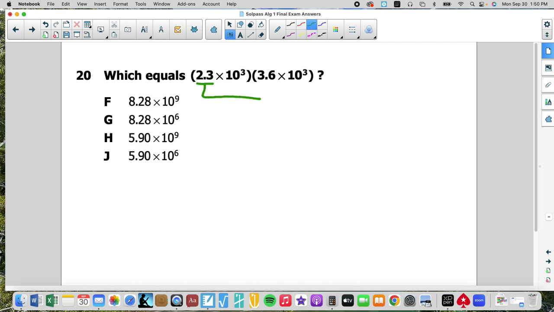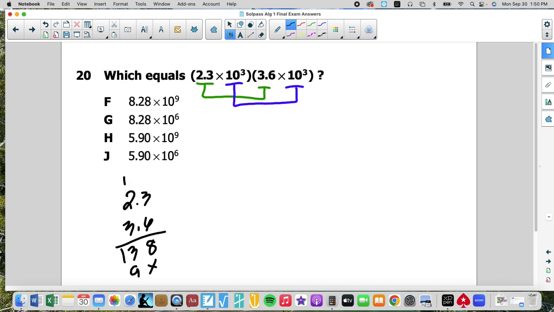Which equals, all right, well, we have two scientific notations. So when we multiply scientific notations, we multiply that outside number times itself, and then we multiply like bases. So off to the side, I'm going to do 2.3 times 3.6.